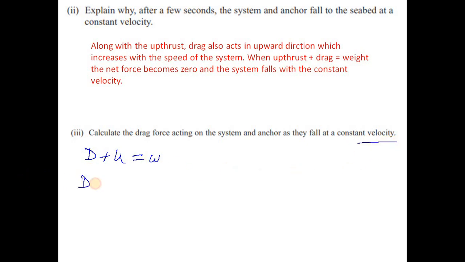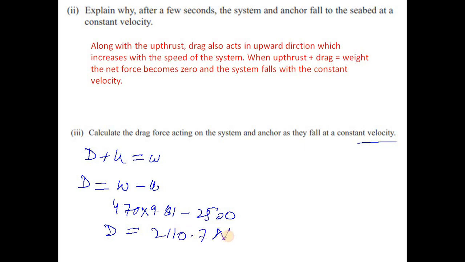So drag is W minus U. W is 470 times 9.81 minus 2500. So drag force would be equal to 2110.7 Newton. This is the drag force.